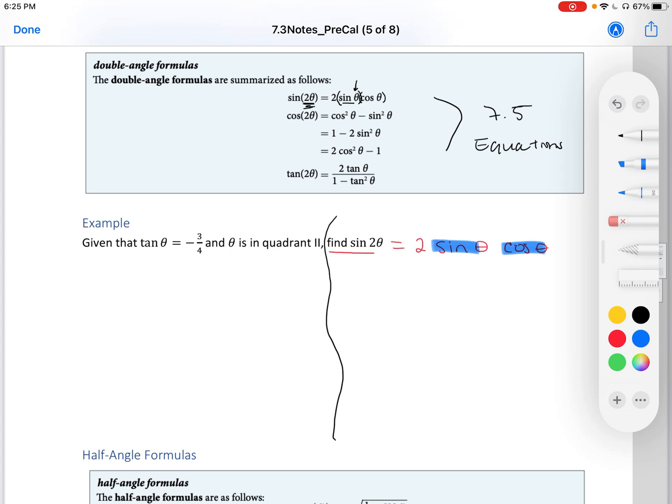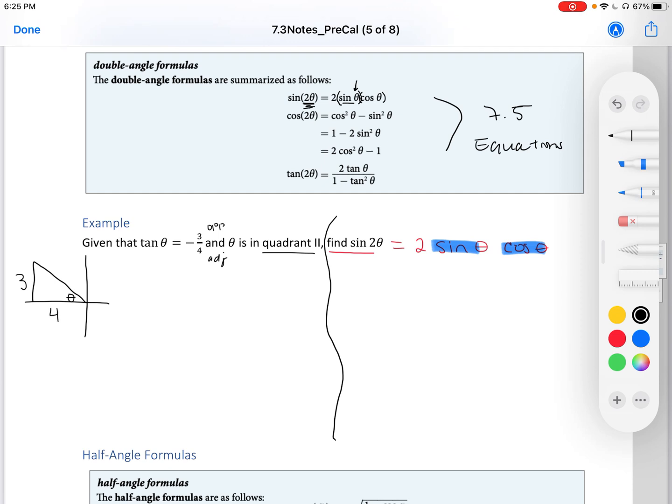We're told that we're in quadrant 2, so I draw my reference triangle. Tangent is made up of opposite over adjacent. I'm going to ignore the sign for a moment, and opposite of theta is 3. Next to it, that's not the hypotenuse, is 4.